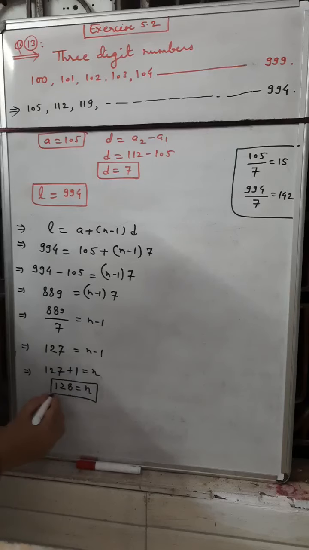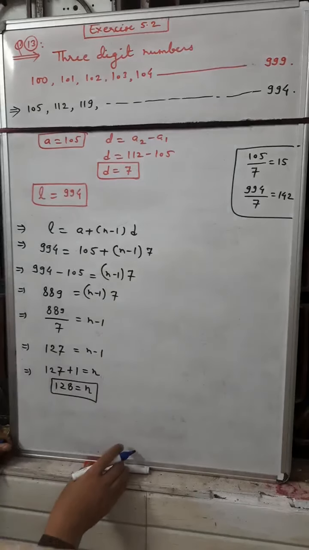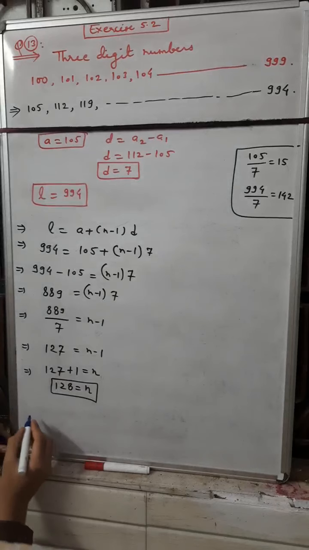That means how many numbers lie between 100 and 999?